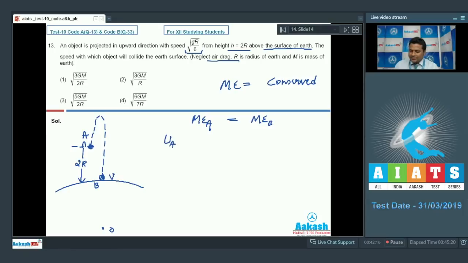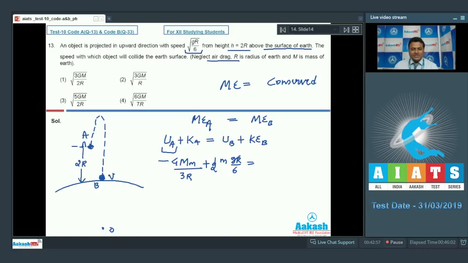Potential energy at A plus kinetic energy at A, which is equal to the mechanical energy at B, potential energy at B plus kinetic energy at B. Potential energy at A, for a two mass system, can be written as G times mass of Earth times mass of particle divided by the distance of the particle from the center of Earth, that will be 3r, plus kinetic energy at A, half m v square, where v is under root gr by 6. So if you do the square, the under root will be removed, equals potential energy at B.